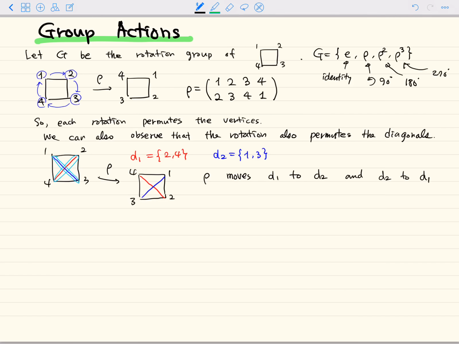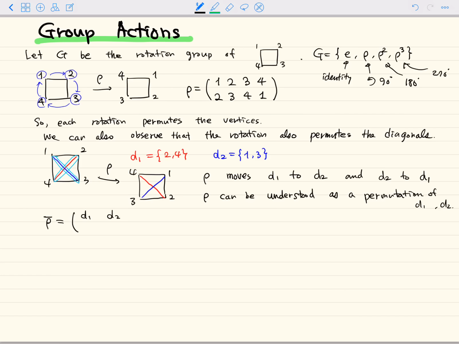So we will understand this movement like this. It means that rho can be understood as a permutation of D1 and D2. We will write this as rho bar, which is a permutation of D1 and D2 in 2-line notation.